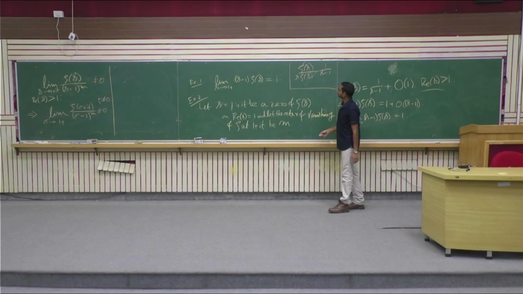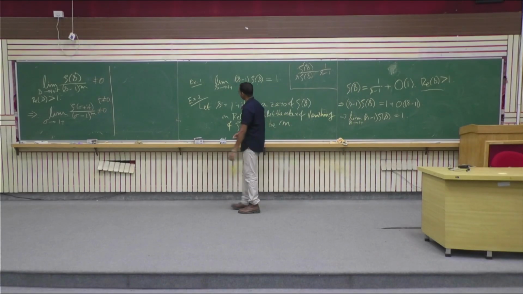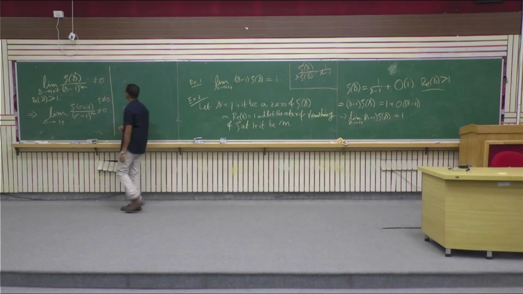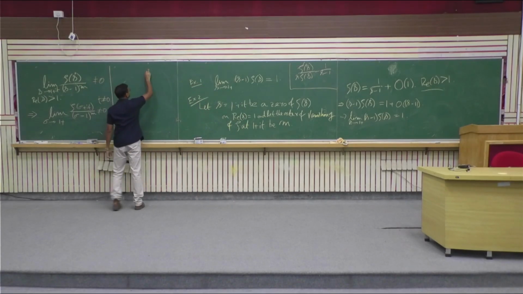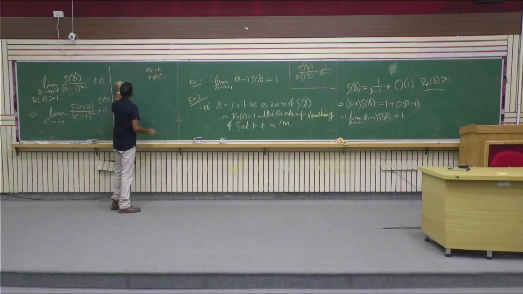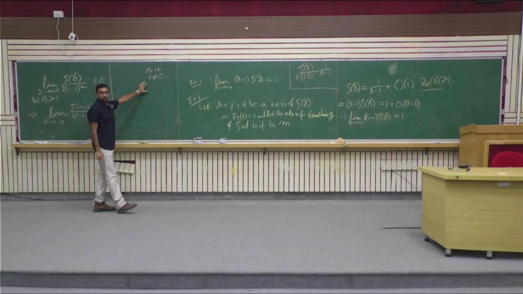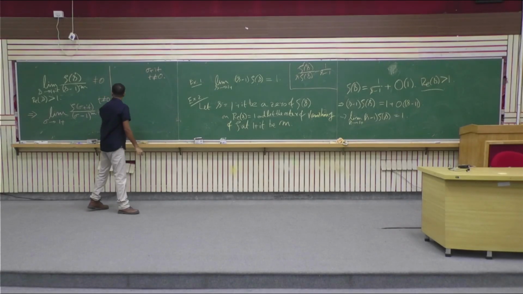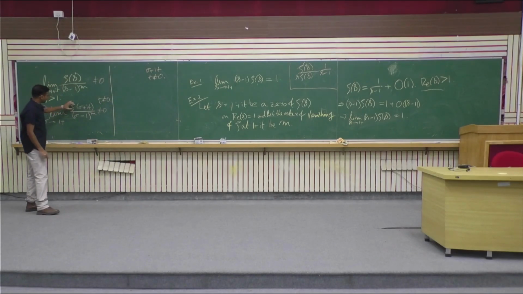So we have to consider all the other points of the form sigma plus it with t not equal to 0, and we are going to show that the zeta function does not have a 0 at any of these points. We assume that it has a 0 at such a point, and we try to find a contradiction.